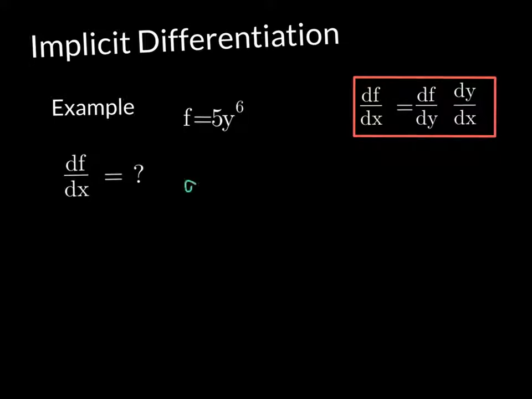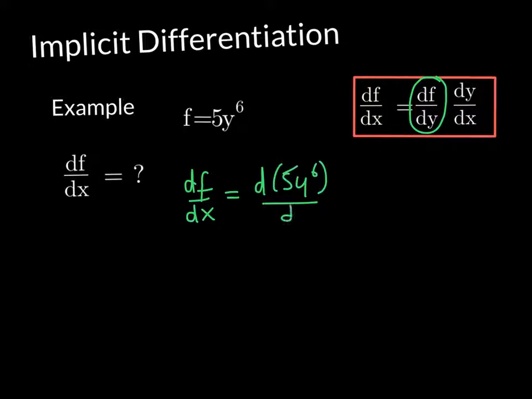So from the chain rule we have the df by dx is equal to, we have first the df by dy, so we differentiate 5y to the power of 6 with respect to y, and then that's just multiplied by the dy by dx.